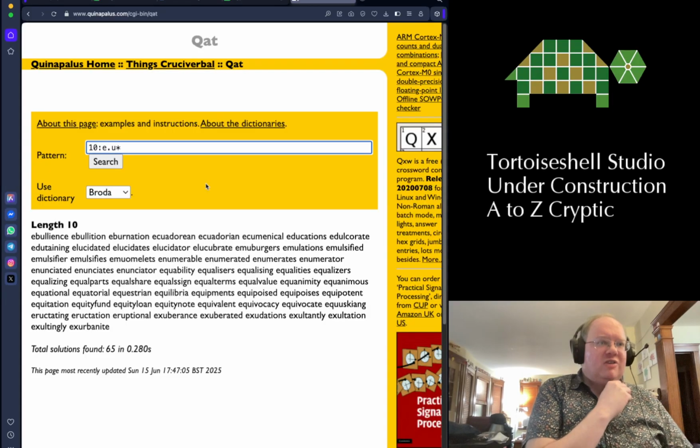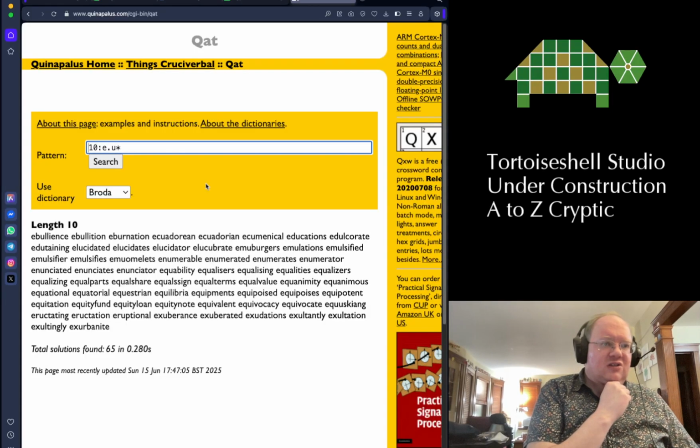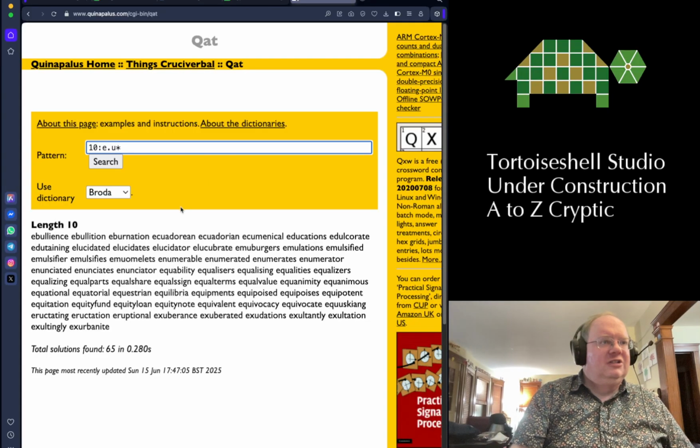Could also have something with X, like exuberance. Excuse me. Equatorial. I'm not sure.